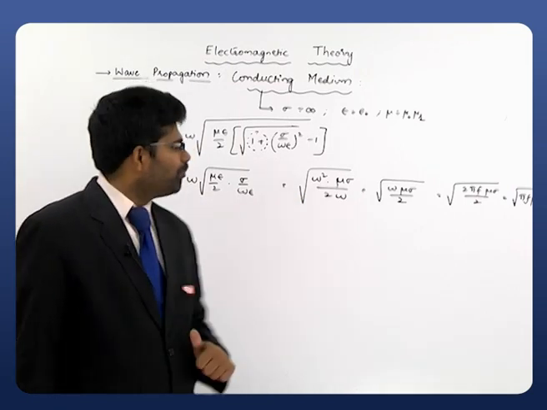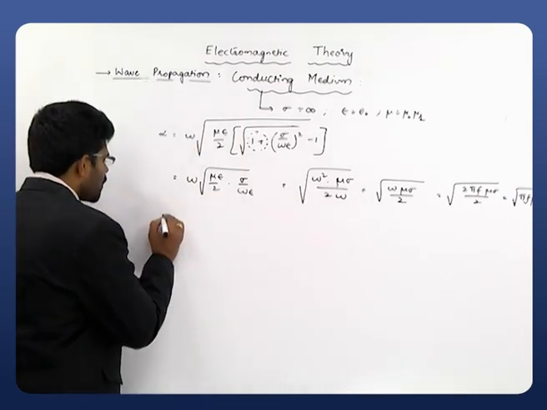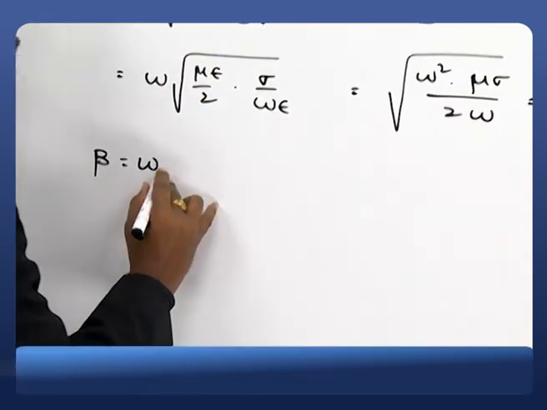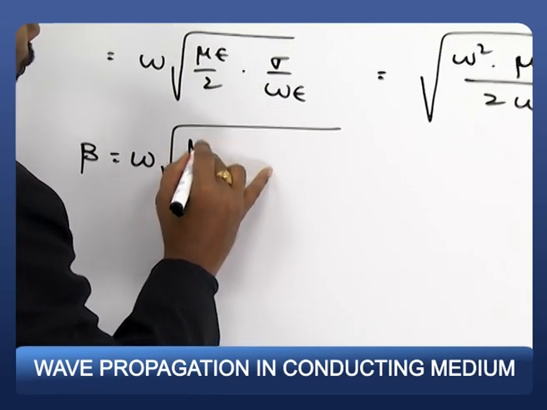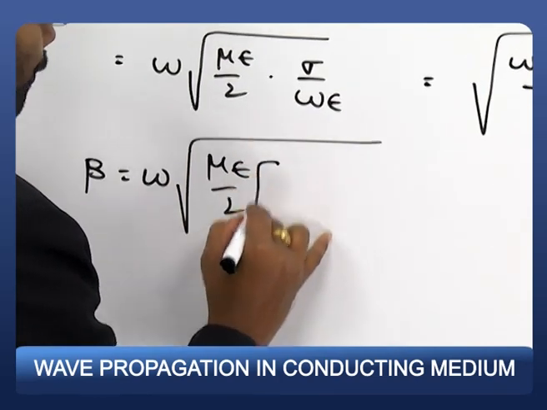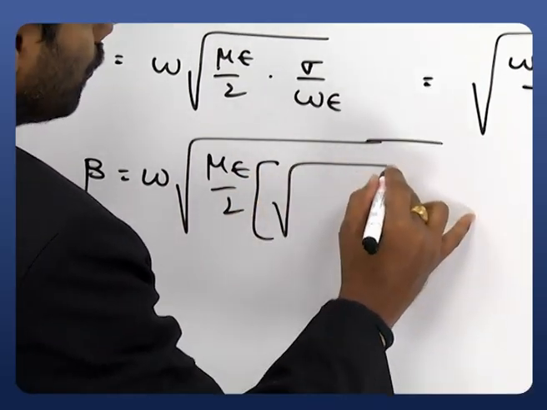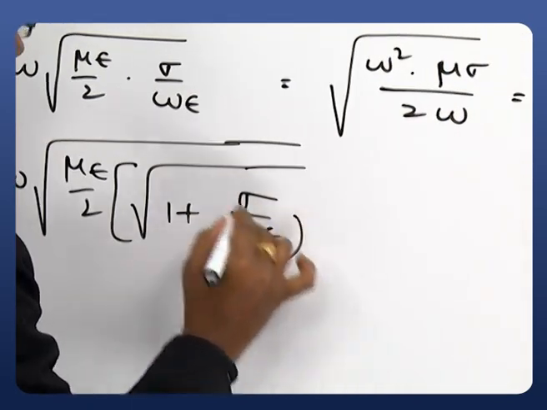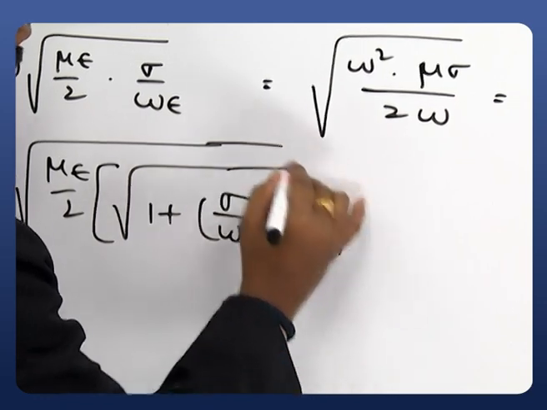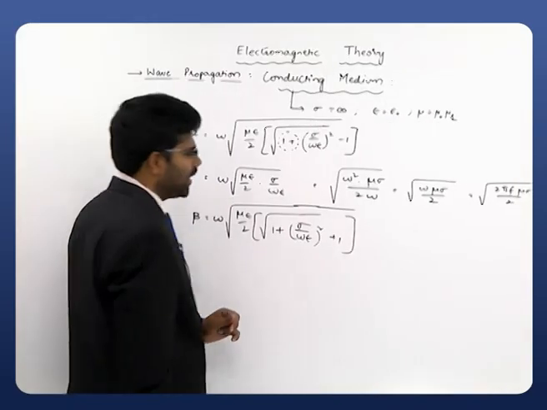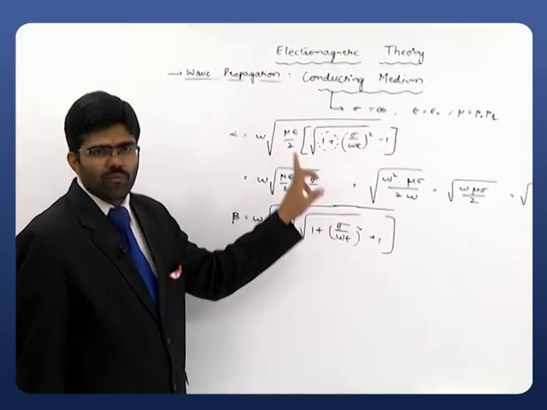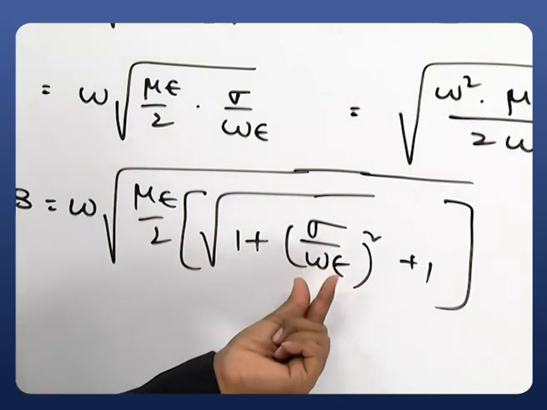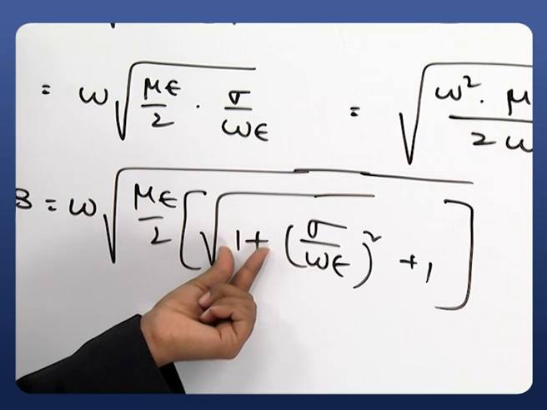Now come to the beta also. What is the equation of beta? Beta is a similar equation to what we have here: the square root of mu epsilon by 2 times the square root of 1 plus (sigma by omega epsilon) whole square, and here it is plus 1. This is for beta. Once again, a similar type of approximation will be taken here. Since sigma by omega epsilon is a very, very high value, this one can be neglected.